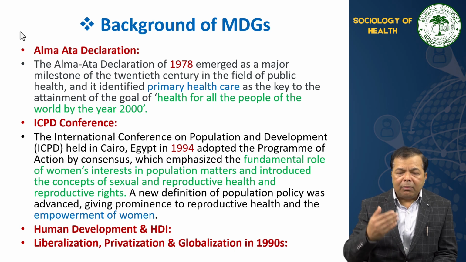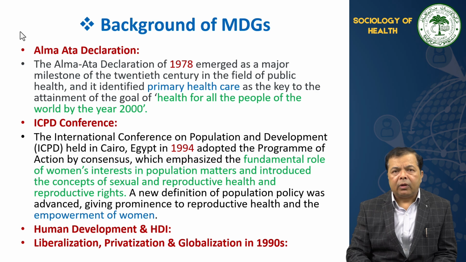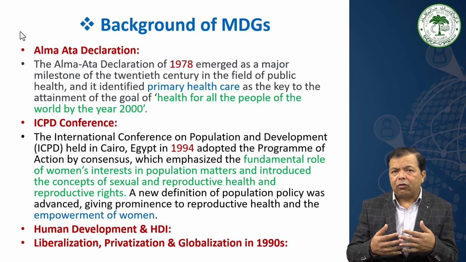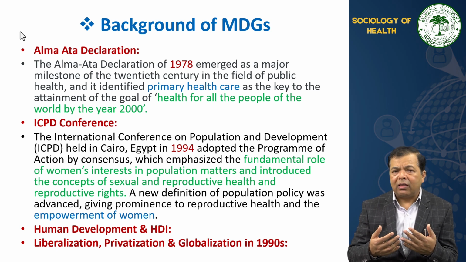Then primarily it was realized that all these things are related with the goal of empowerment of women, because if women are not empowered, then their reproductive rights or reproductive health cannot be taken care of. So health was seen in the context of power or empowerment. So new discourses were actually coming into existence.